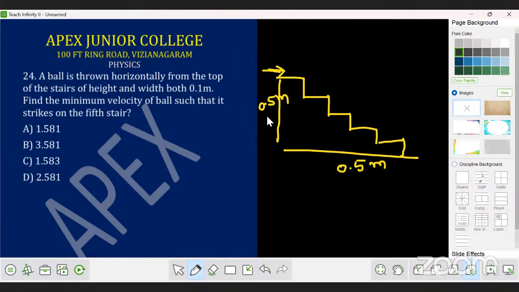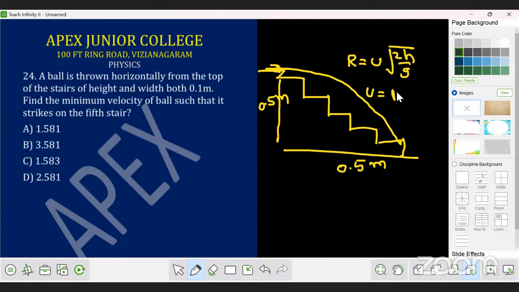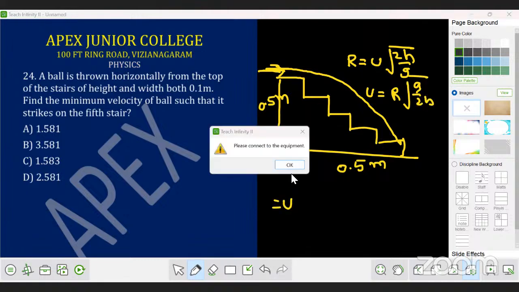Then the question is, what should be the minimum velocity here? It will just start horizontally here. It will directly fall on the fifth one, so it is just like a horizontal projectile. In a horizontal projectile, what is the formula for range? U root over 2h by g. And you have to find out u only, na? U equal to R root over g by 2h. What is the range here?